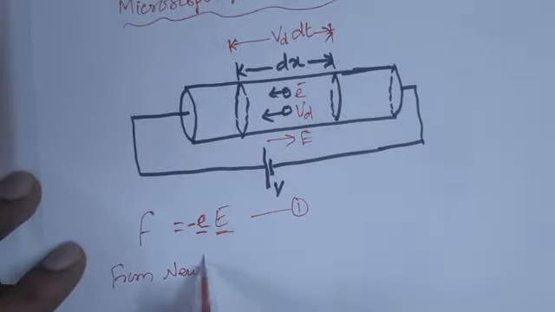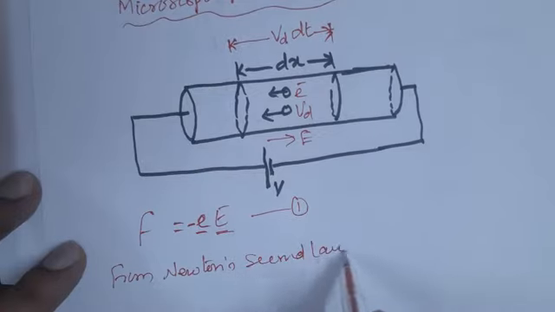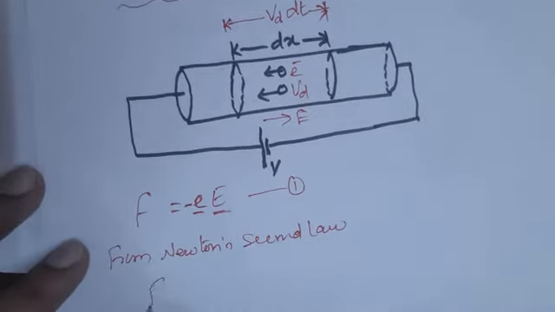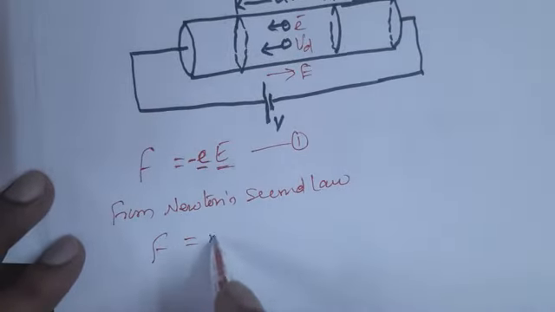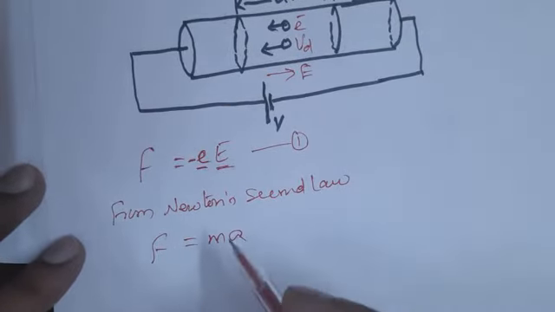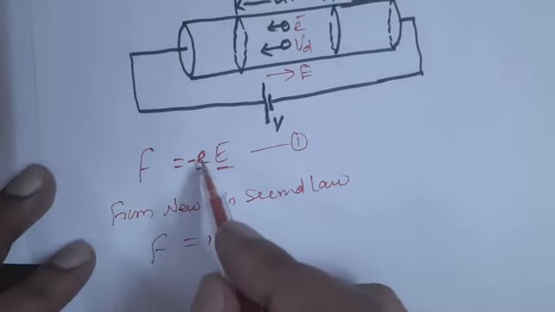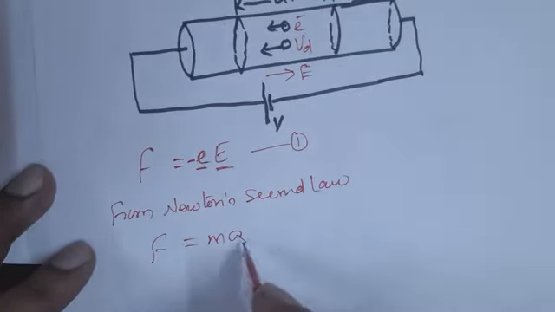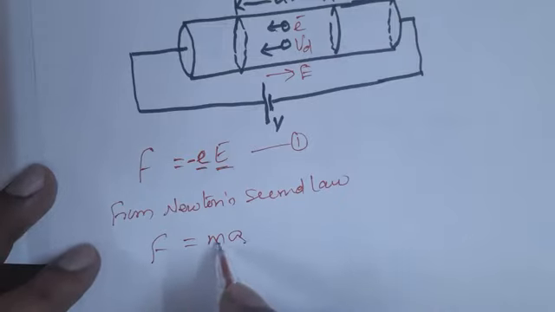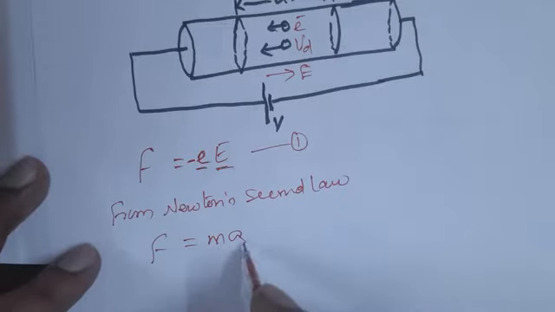Now from Newton's second law, we know force equal to mass into acceleration. After acquiring some force, the electrons are accelerated with some acceleration. Let m be the mass of the electron, and a be the acceleration through which electrons get accelerated.